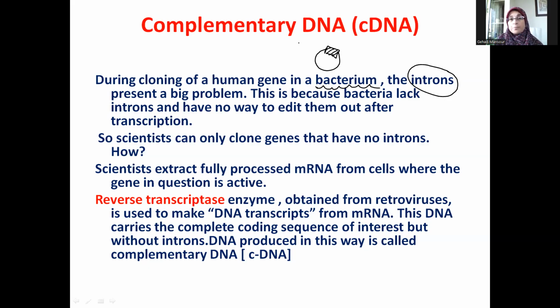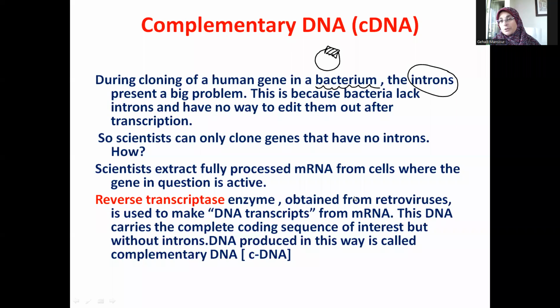The genome of the bacteria is already very small, and it cannot afford the presence of introns, and that's why those introns represent a major problem for bacteria, and that's why when we want to clone genes, we had better clone genes that have no introns.